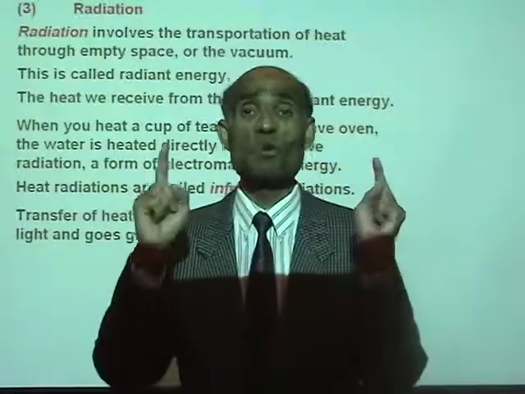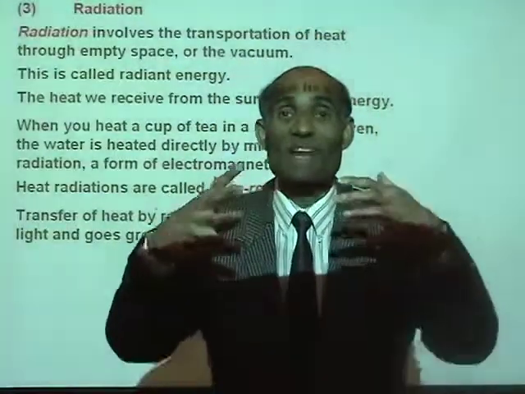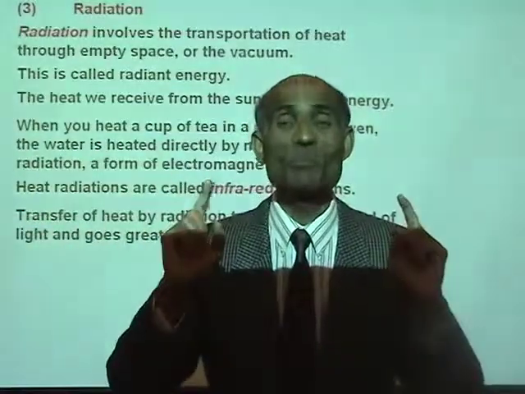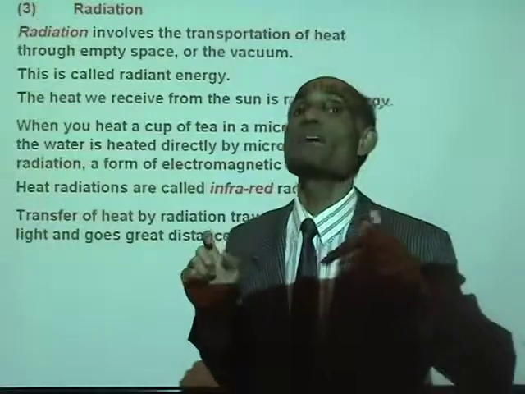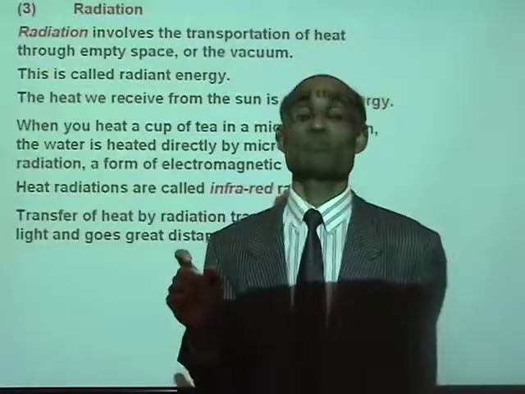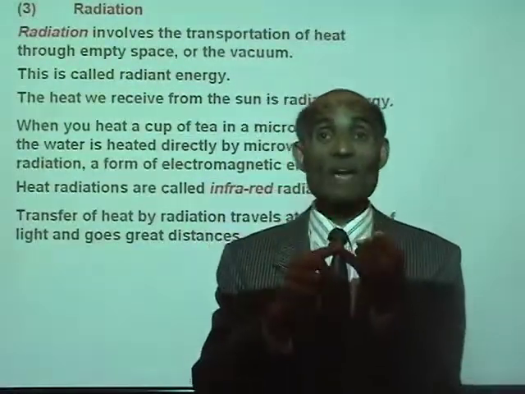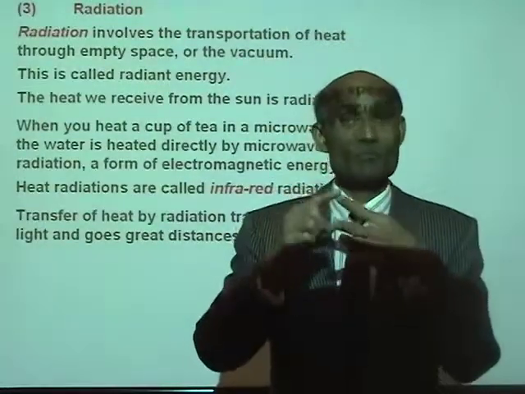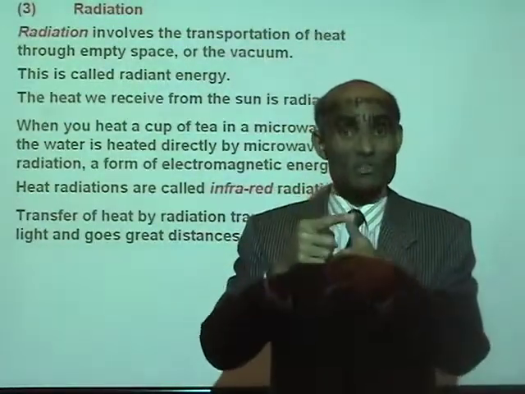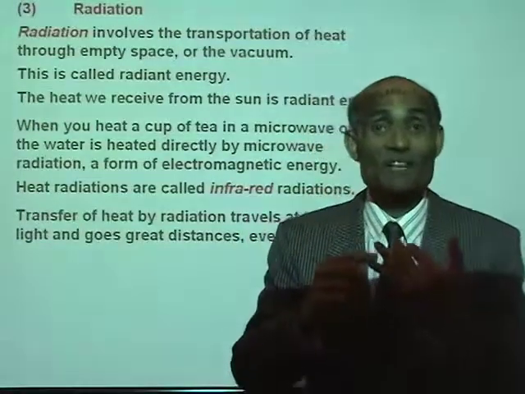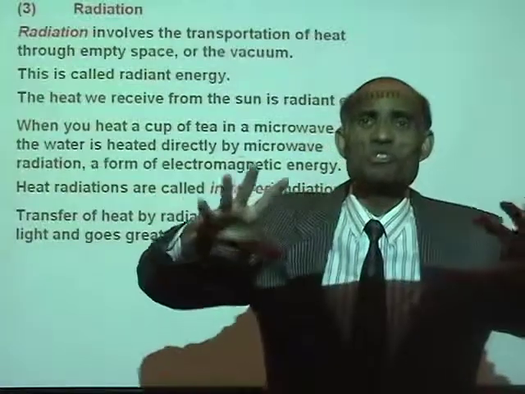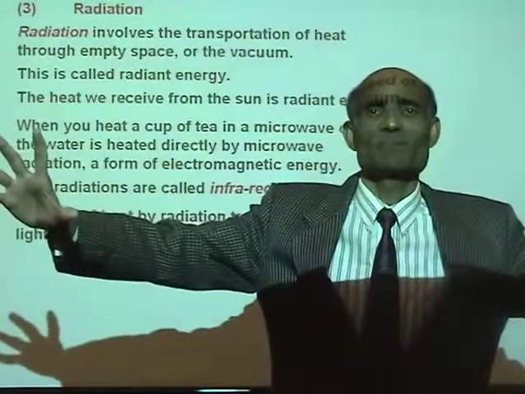One of the most important characteristics of electromagnetic radiations is all of them will travel with the same speed in vacuum. In other words, radio waves, microwaves, infrared, visible light, ultraviolet, X-rays, gamma rays, all of them will travel with the same speed.